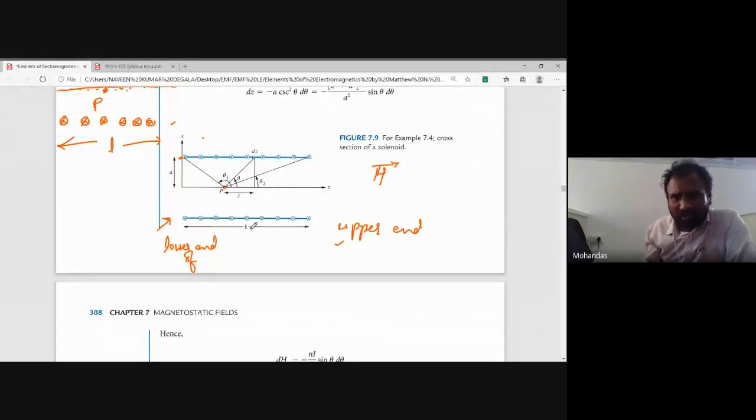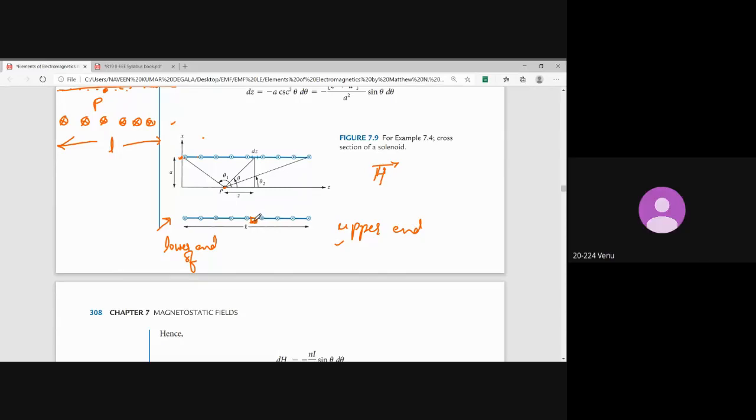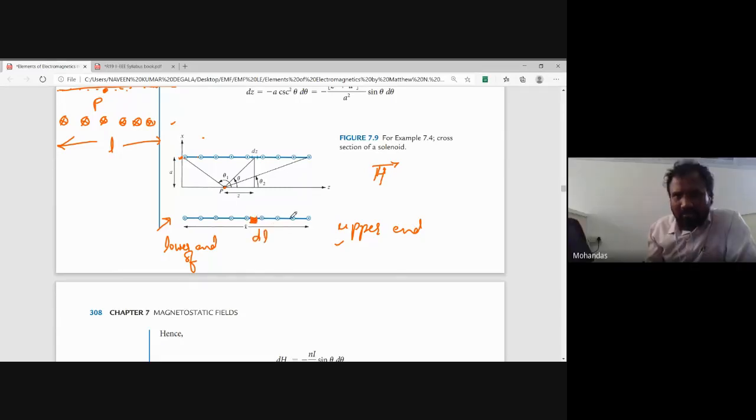And instead of taking the total length here, what is the usual procedure we follow? Instead of taking the total length, which length do you take? A differential length dl.